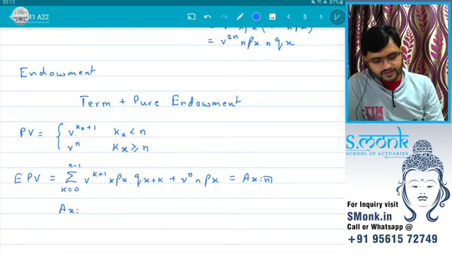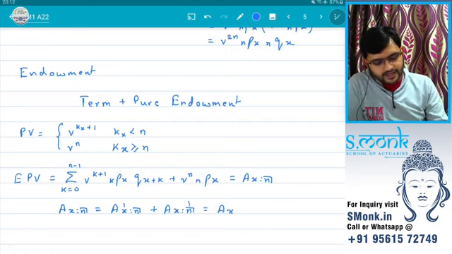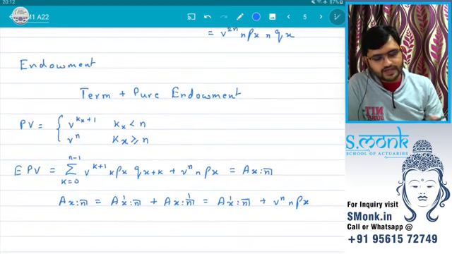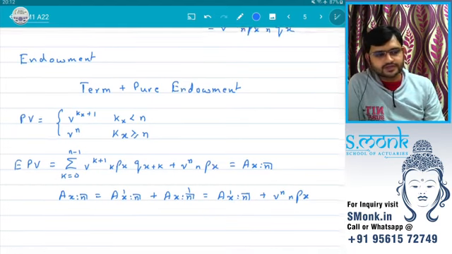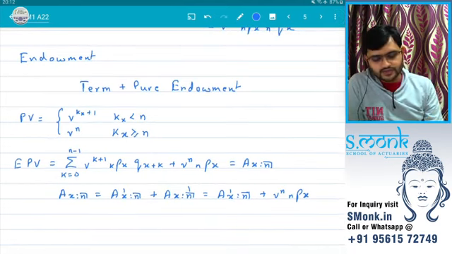So our Ax n will be Ax dash n plus Ax n dash. I usually directly write it as Ax dash n plus v raised to n npx. Directly do this. This is the second way of finding our term assurance. I'll show you later on how we can use this.